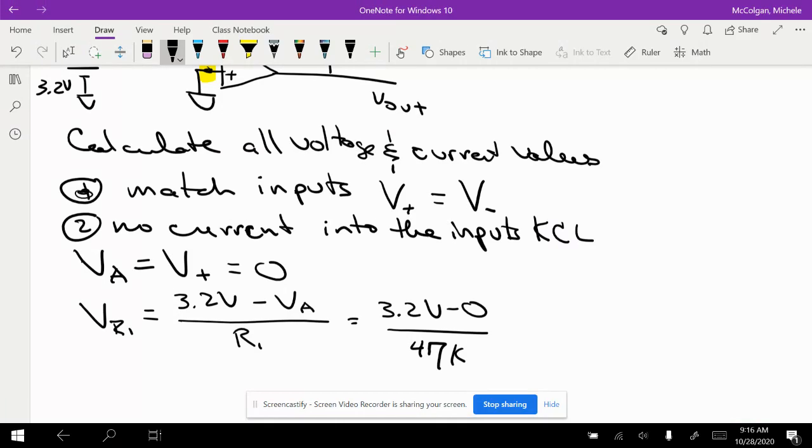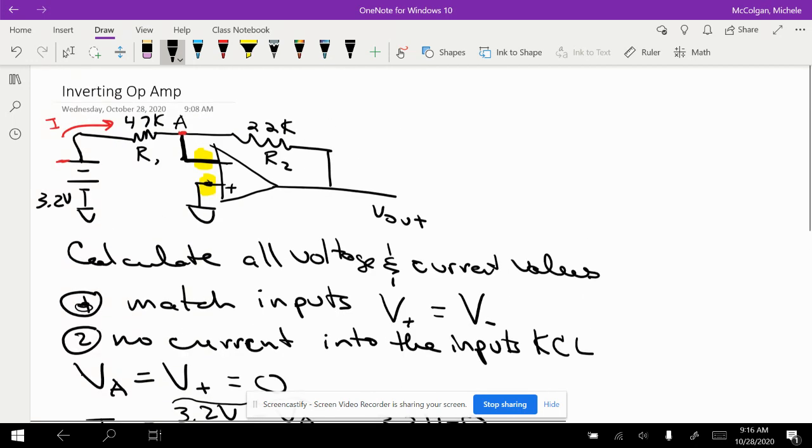Oh, and yeah, so this should be my current here. So let me erase this. This is not a voltage, it's a current. So this is my voltage drop across R1, 3.2 volts minus VA. My current through R1, we'll call it I1, is the voltage drop 3.2 minus VA over R1, and we found out that I1 is equal to 68 microamps.